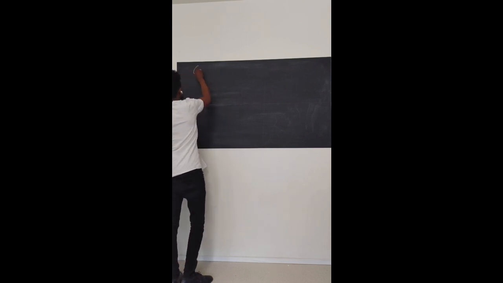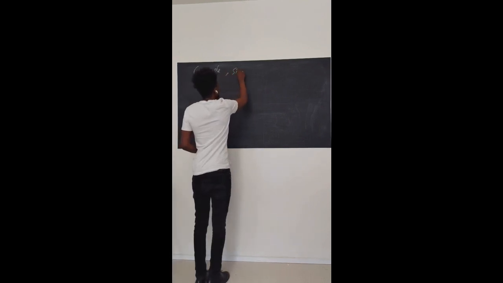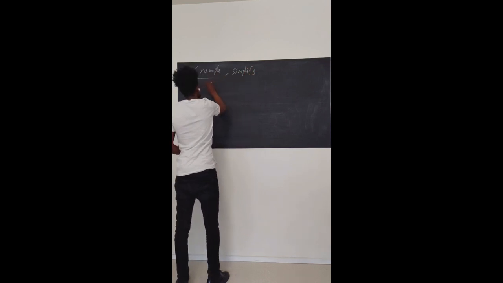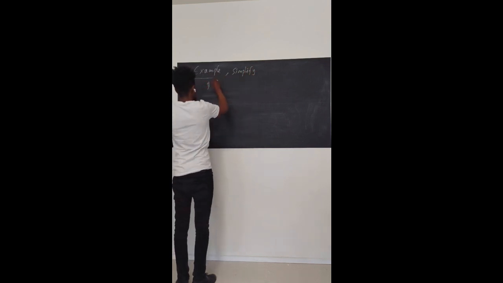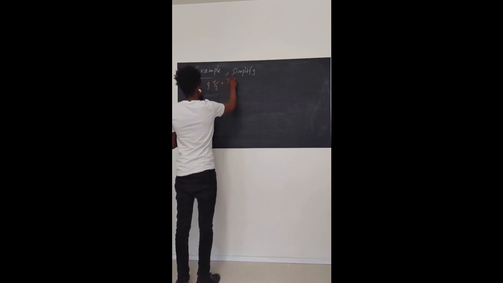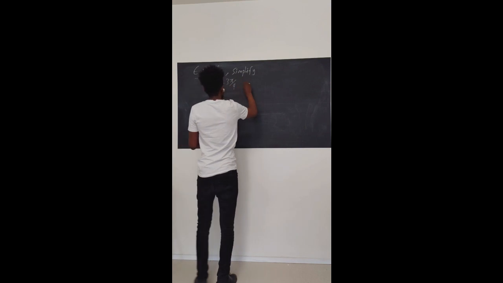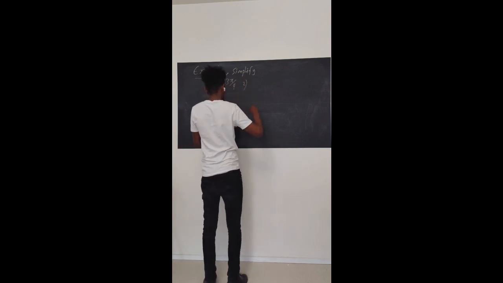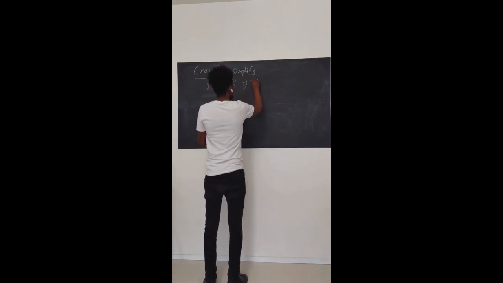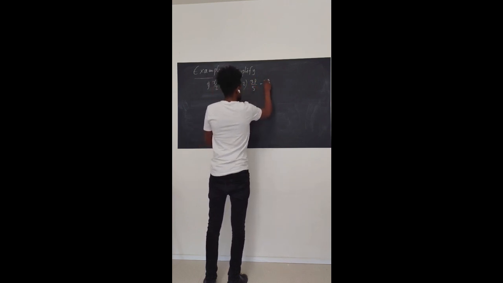Example, simplify. Number 1, x over 2 plus 3x over 4. Number 2, 3p over 5 minus 2p over 7.